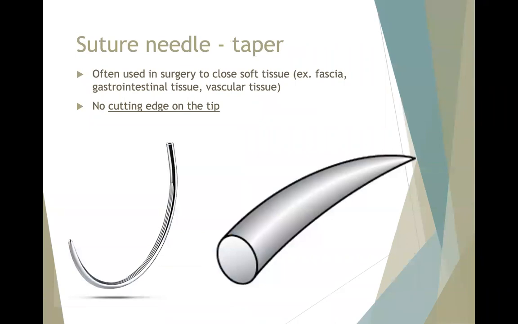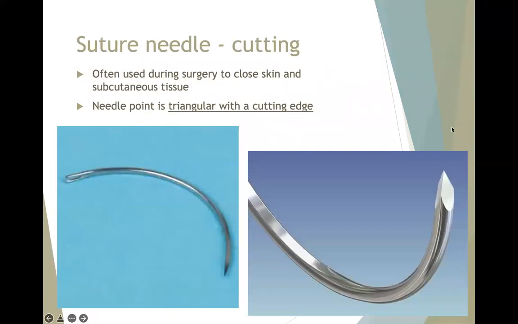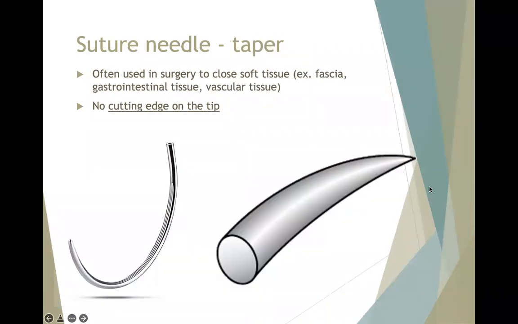Another suture needle here, we have the taper. And as you can see, there's no cutting edge on the tip. So looking at that last one, how it's that triangular, that's a cutting tip. You can just imagine how sharp that is. Then looking at this taper needle here, it's more of a blunt tip, and we use this more to close soft tissue.